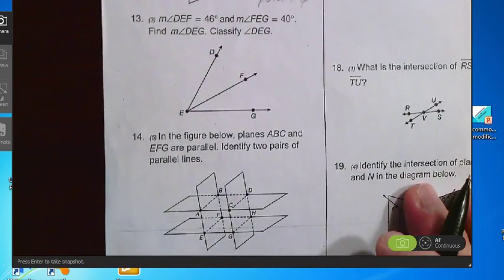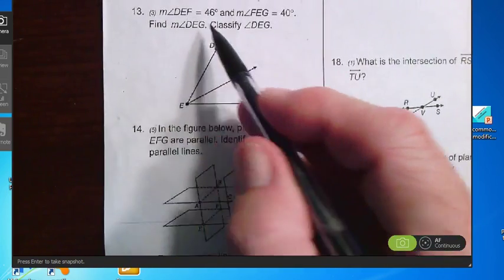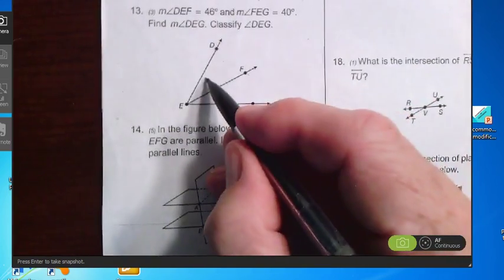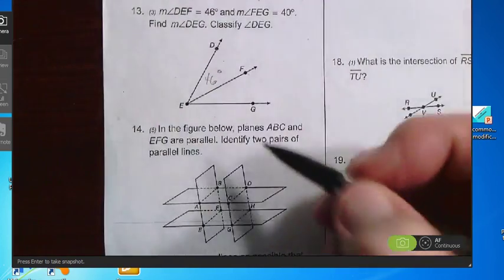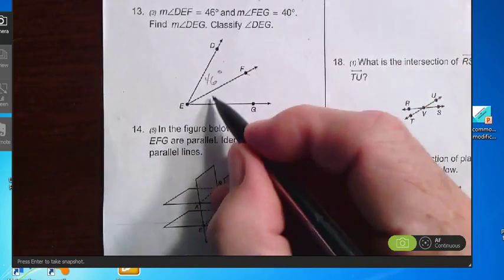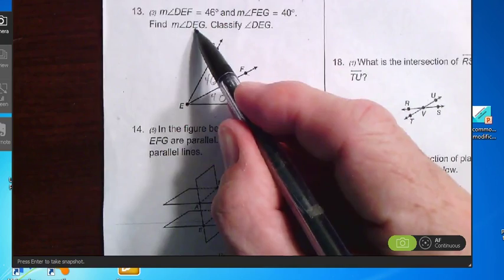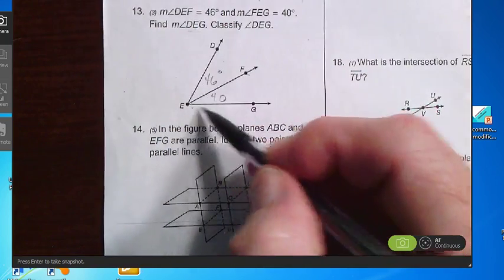13. The measure of DEF is 46. I just write that in there. The measure of FEG is 40. So find the measure of DEG, that's the big angle.